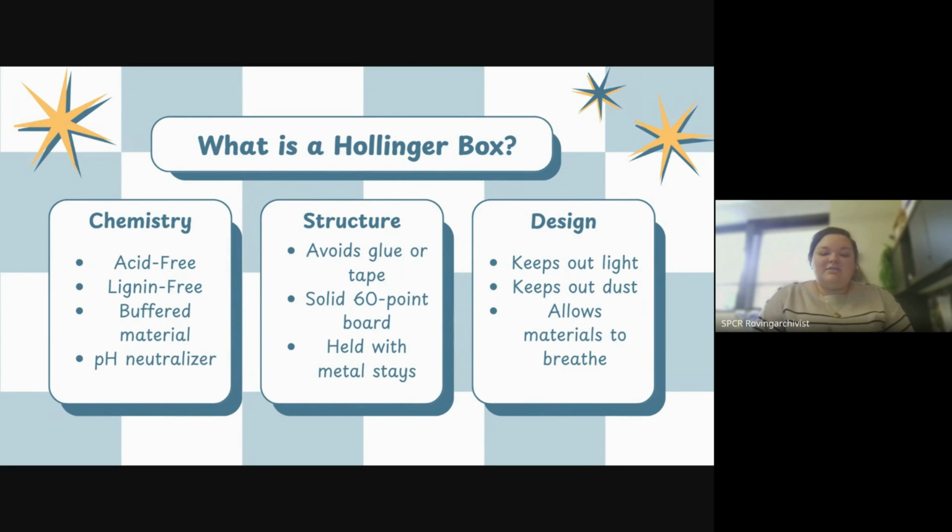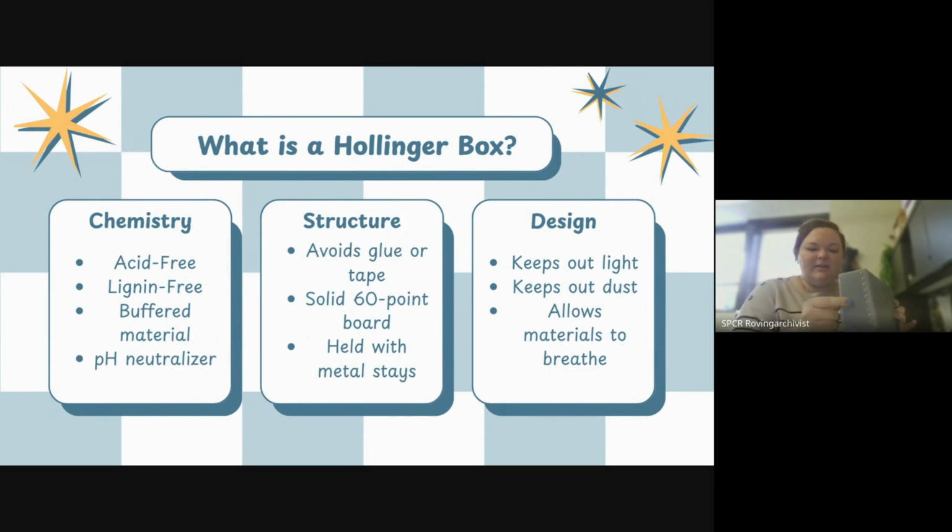Something else that Hollinger also has in place are their actual structures. If you look at a Hollinger box, most of the time it does not have glue or tape in the actual building of the material. It's usually made with a 60-point board, and it's held together with metal stays on the tips. I actually have some Hollinger boxes right next to me.